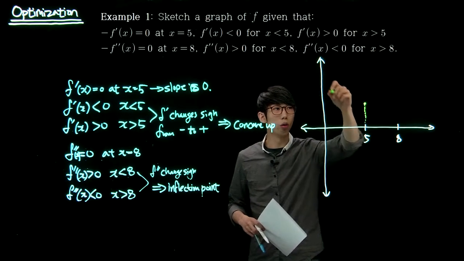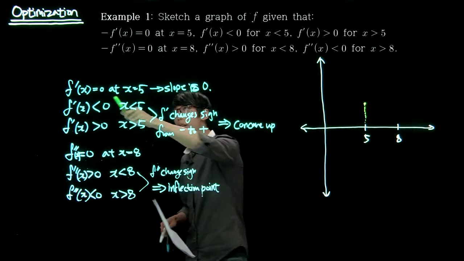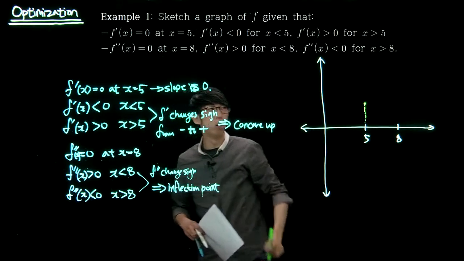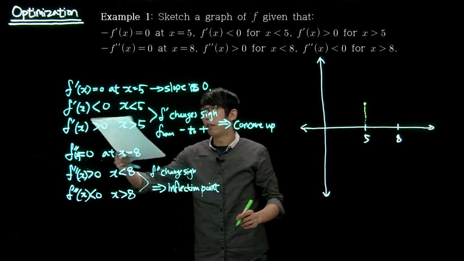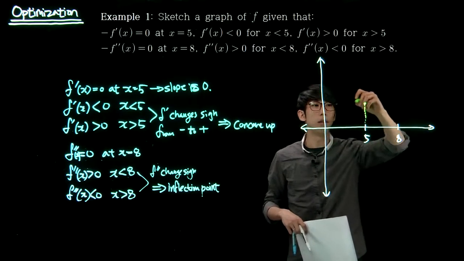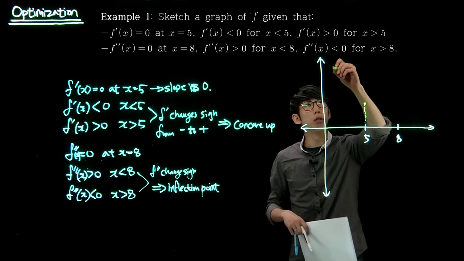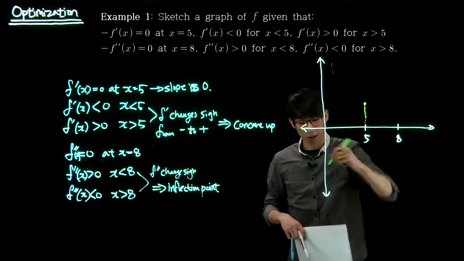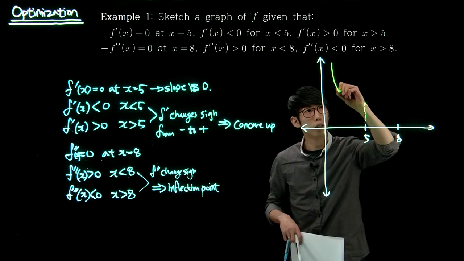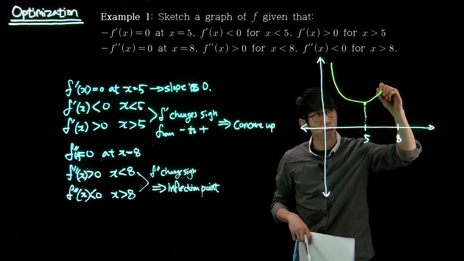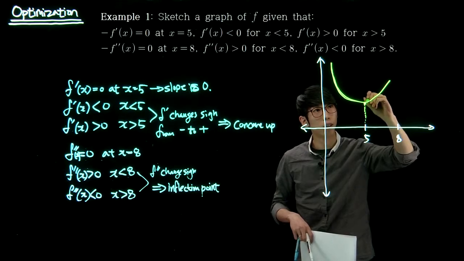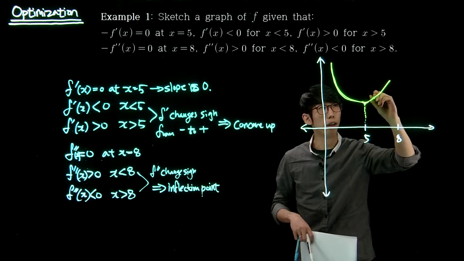It means that we have a local minimum at x equals 5 because it is a critical point where f prime equals 0. So the slope is negative when x is less than 5 and then changes to positive after 5. So it would go something like this. Right? It will be a parabola-looking thing.